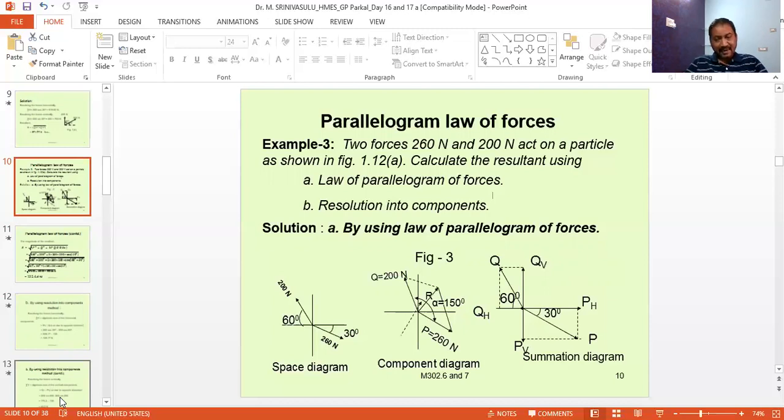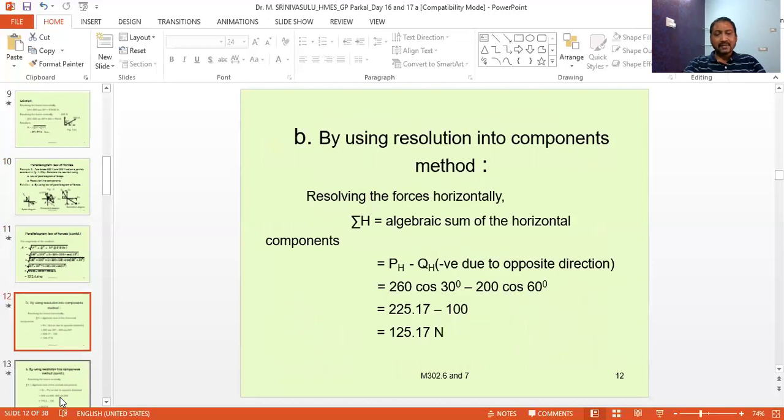So the P force is making an angle of 30 degrees with horizontal, and the force Q is also making 60 degrees with x axis. With the help of this summation diagram, we can resolve the forces and find out the algebraic sum of the horizontal components and also vertical components, then we can find out the resultant. Now this is the second method.